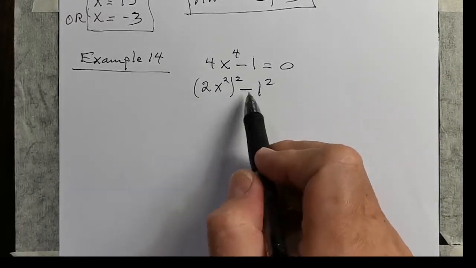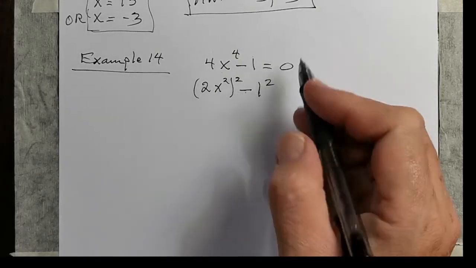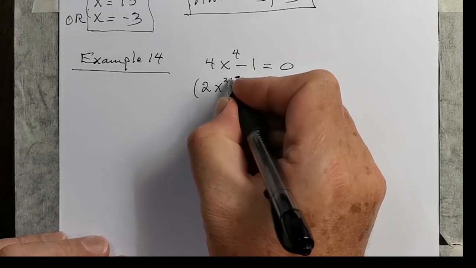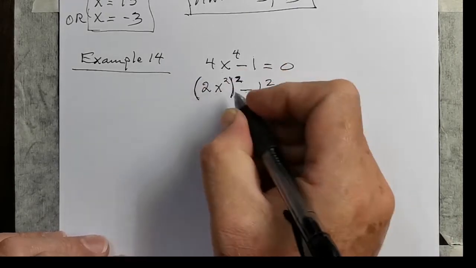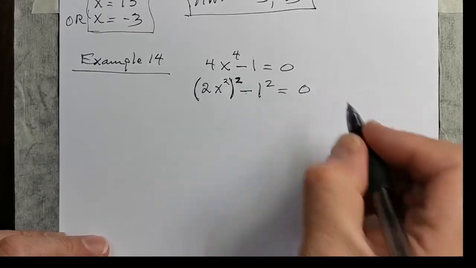So here now I'm subtracting two squares. Notice what's in the first parentheses. That's my first square. And then 1 is the second square. And of course equal to 0.